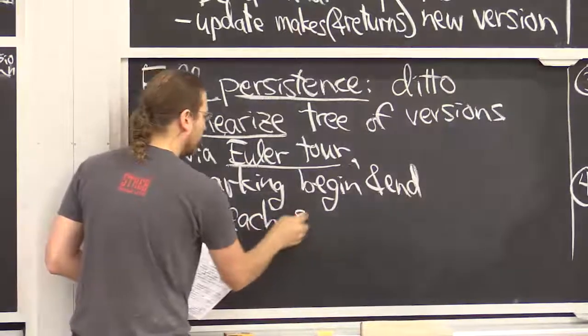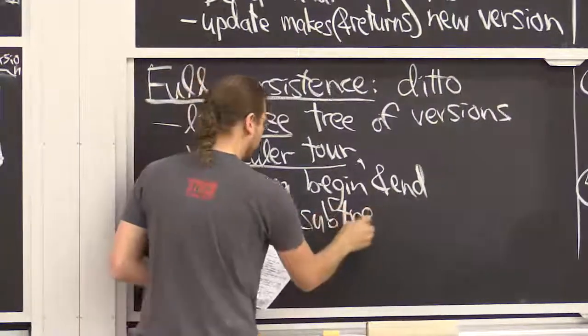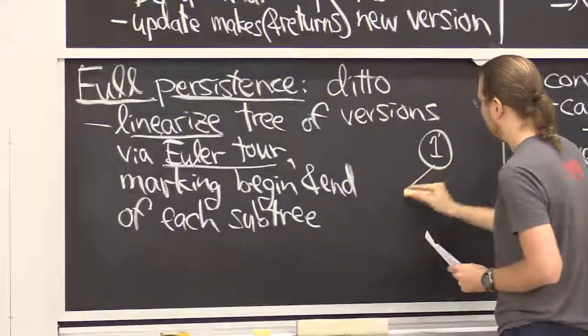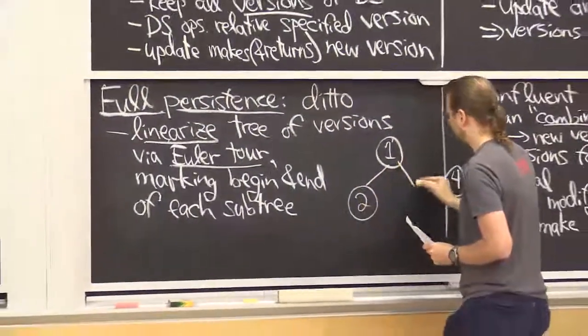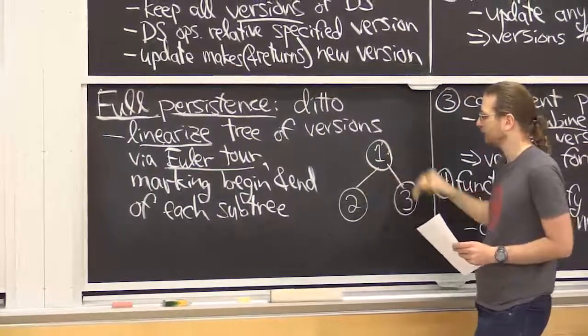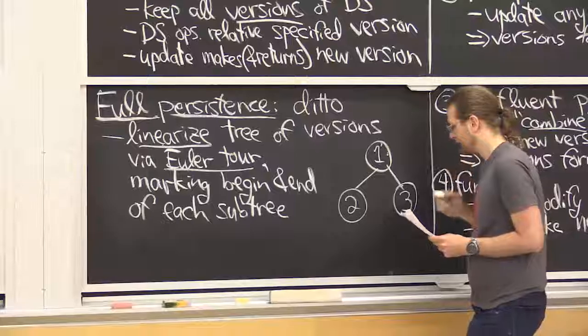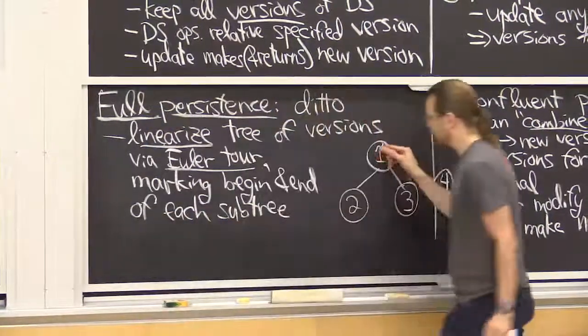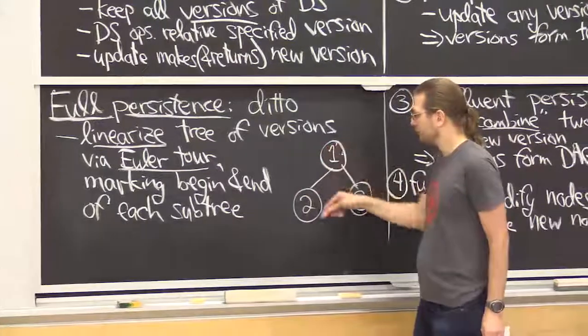Let me draw a little example. Let's just say the tree of versions is size 3. This is the original version, and then there were 2 branched versions from there. Then what I'm going to do is a depth first traversal of this tree.